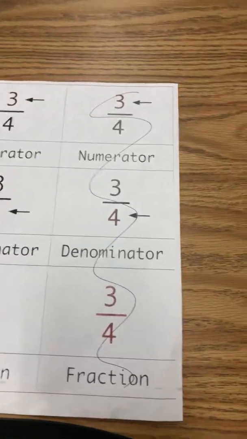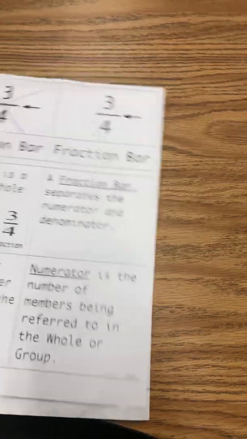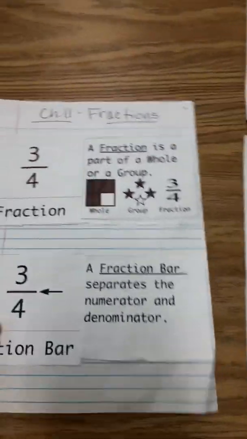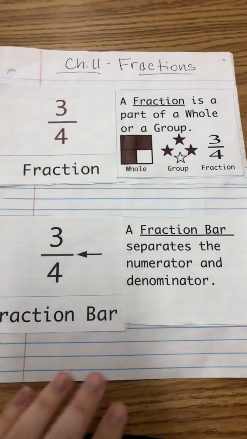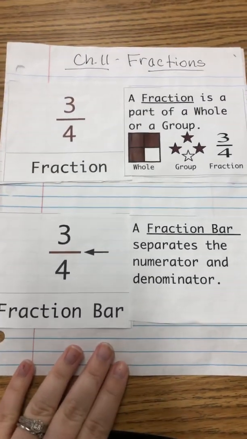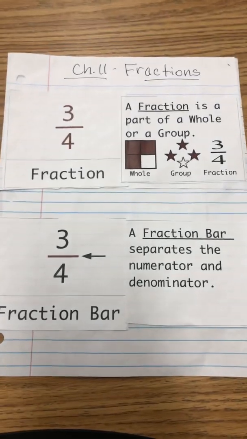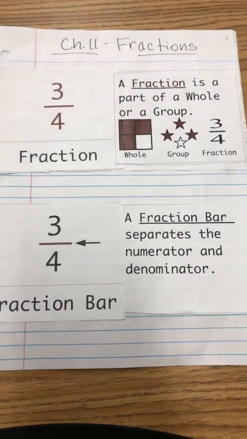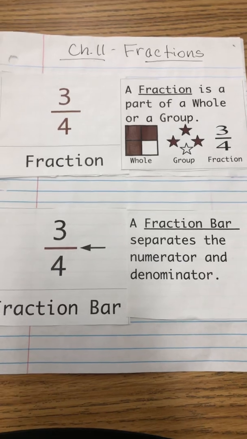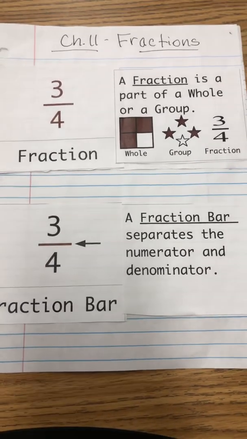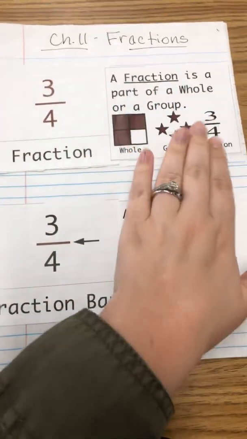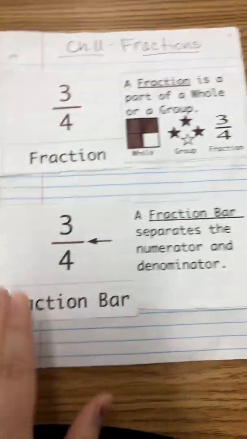Okay, perfect. So what you're going to have to do with these lovely pieces of paper is glue them down into your math journal. So I'm going to take some pictures of this so you can easily see this, or please pause this video so you can see which pieces of paper need to be glued down where. Okay, so we have the 3/4 fraction, and that goes with this component.